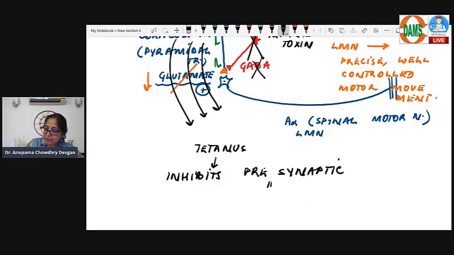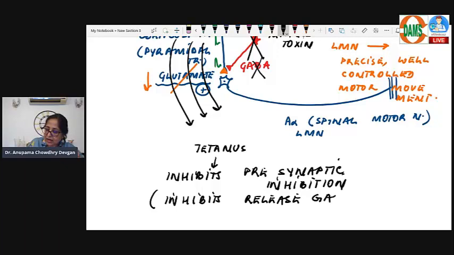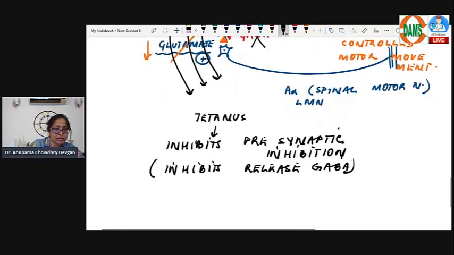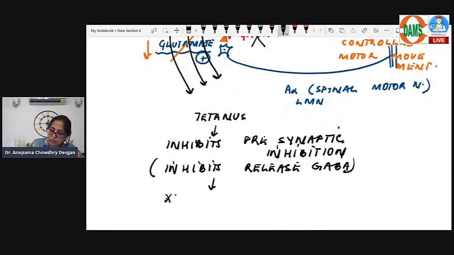And what is GABA? An inhibitory neurotransmitter. It inhibits the release of GABA, so two negatives will make a positive. Inhibition of release of an inhibitory neurotransmitter means there is going to be an excessive release of glutamate.